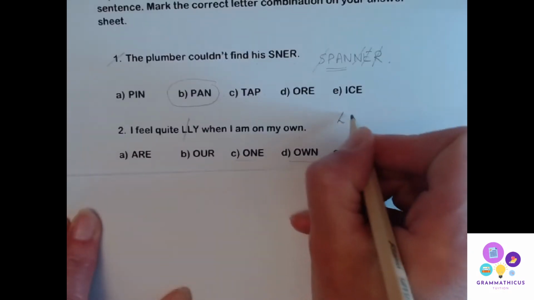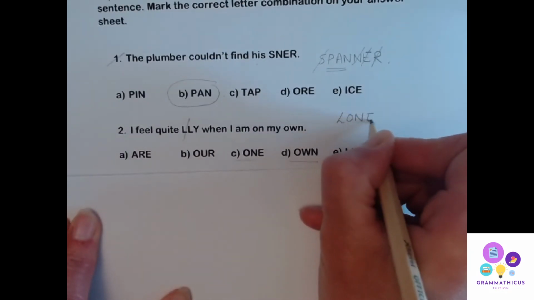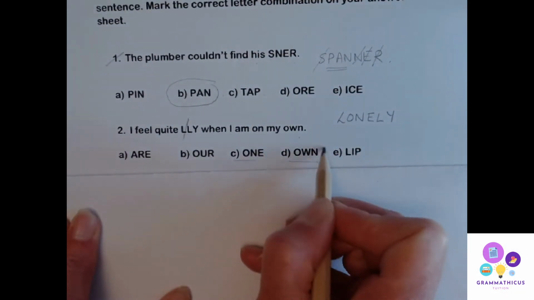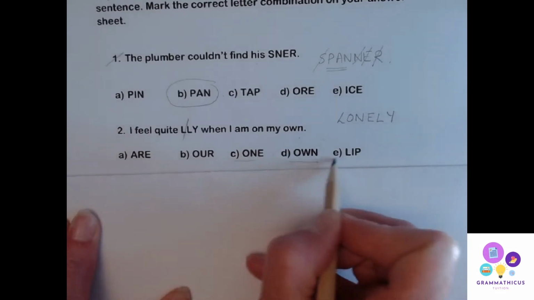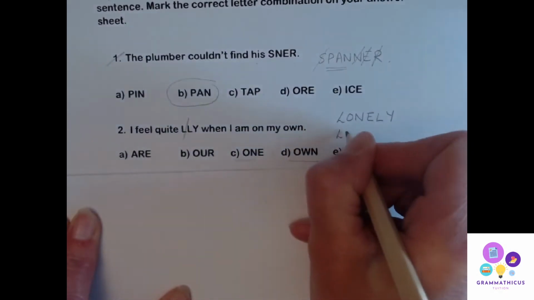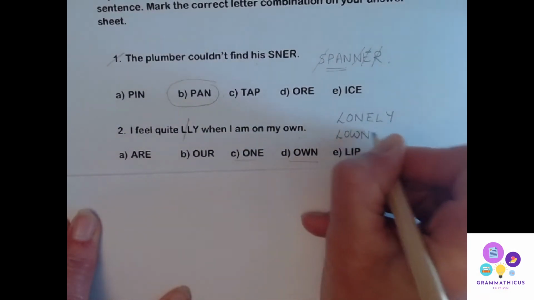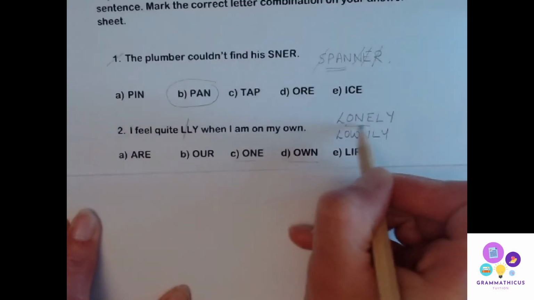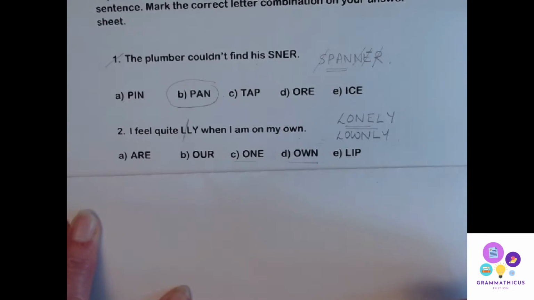Let me try writing those 2 combinations out. Lonely, that looks okay, and I know that that makes an own sound because it is the word lone. Now, looking at those 2 words, I can see that this is how we spell the word lonely. And this is what I mean by how they like to check your spelling, okay?